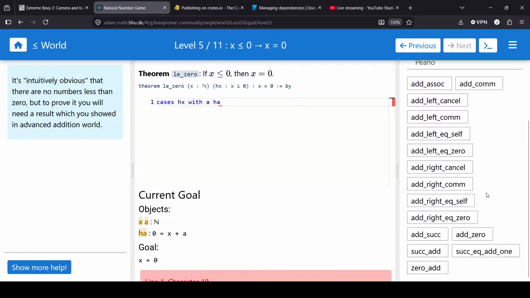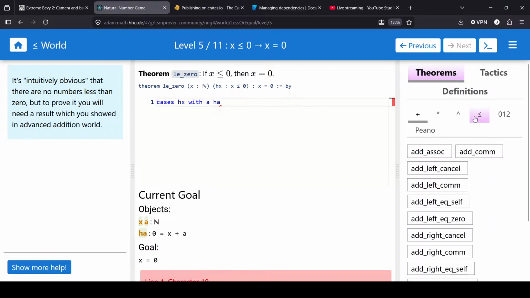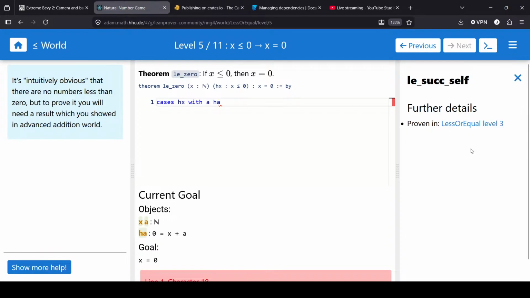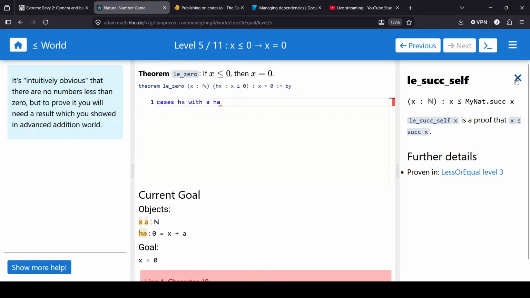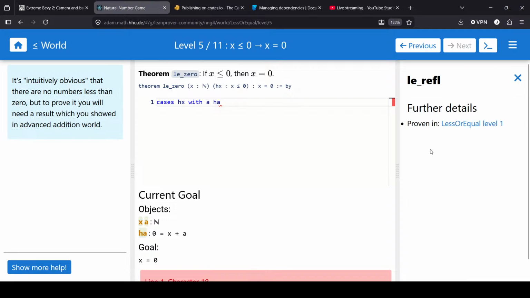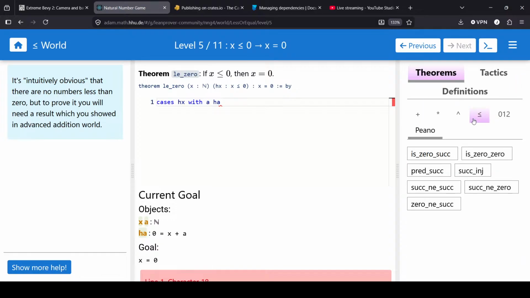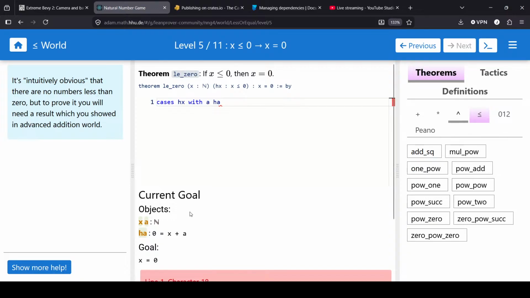I don't remember if I have anything like that. I feel like it's not related to addition though. This is transitivity. This is nothing useful. Yeah, where is the thing that lets me move one thing from one side to the other?